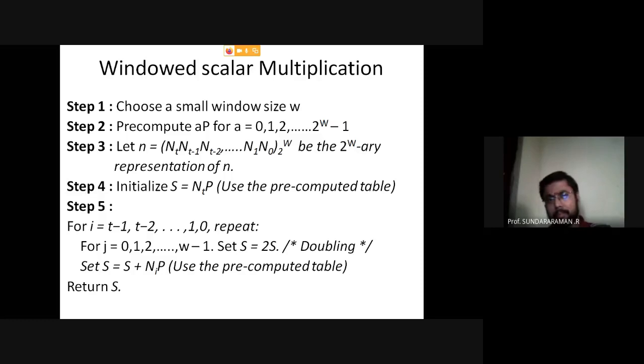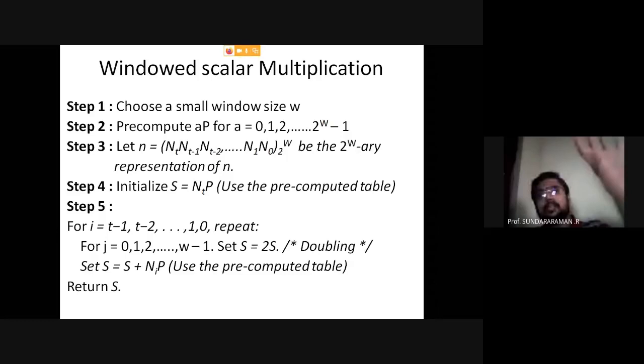With respect to hardware platform, obviously, if you reduce the number of computations, your time will be reduced. But since we have the pre-computed values, it may consume more memory because we are storing something in the memory, on-chip memory or off-chip memory. So pre-computed values require some amount of memory.